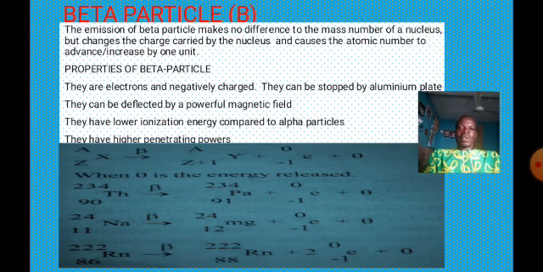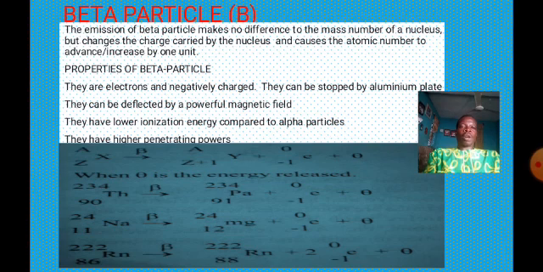Let's look at another example, thorium with atomic number 90 and mass number 234. When thorium is being bombarded with beta particle, it will produce another element that is called protactinium.